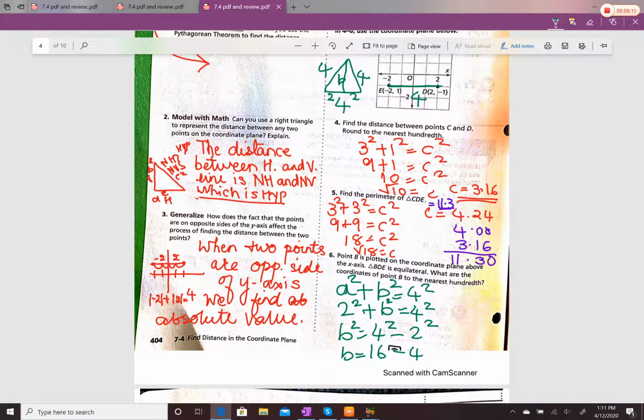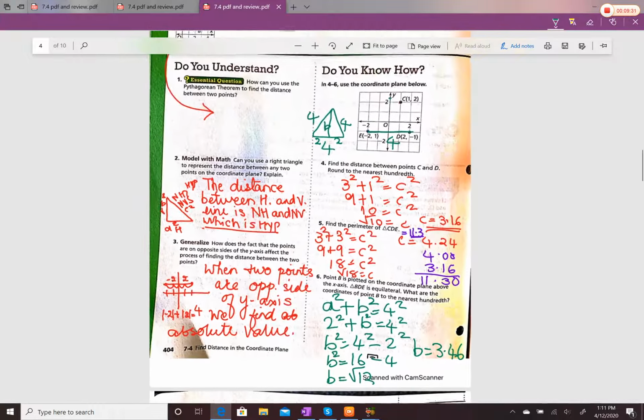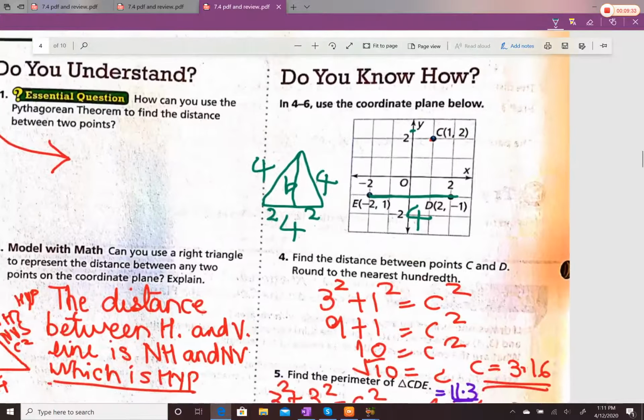Okay, so B squared is 12, B is equal to radical 12, and radical 12 is 3.46. So B is equal to 3.46.